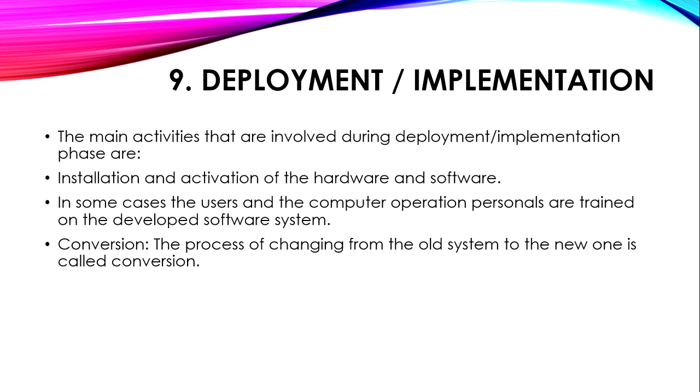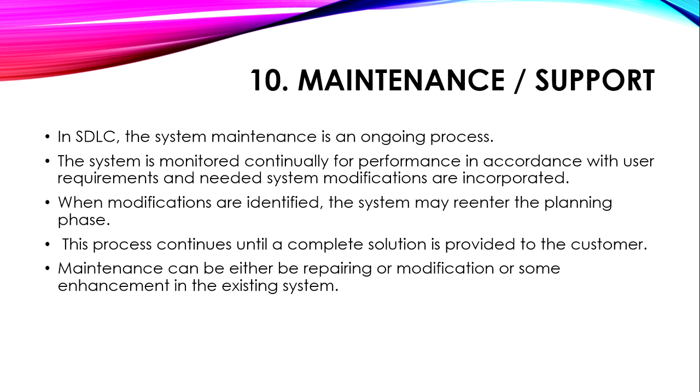And the next one, last, is maintenance and support. In this phase, maintenance and support is an ongoing process. The system is monitored continually for performance in accordance with the user requirements and needs. System modifications are incorporated.